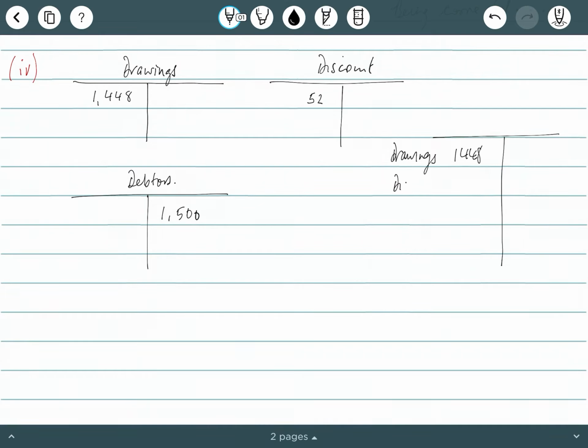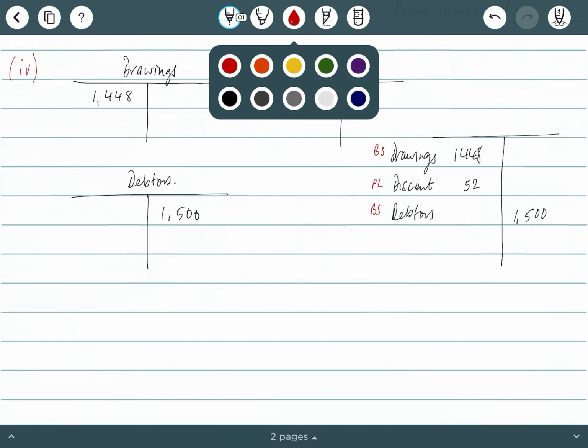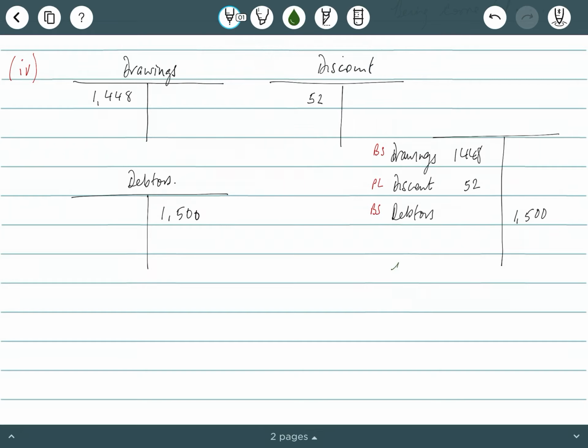You've got discount, 52. You've got your debtors, 1,500. Here there is no suspense. Drawings is balance sheet, discount is P&L, and debtors is balance sheet. This is just simply being recorded, and you can give your one-liner there as to why it was being recorded.